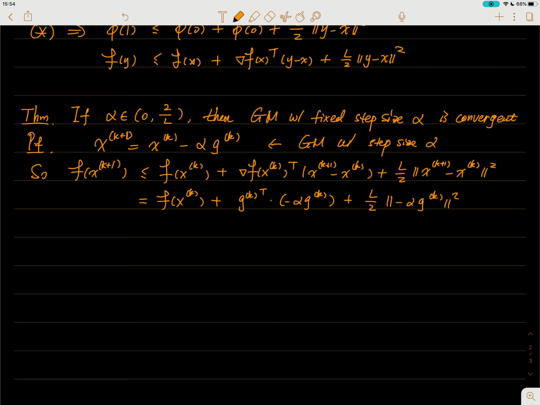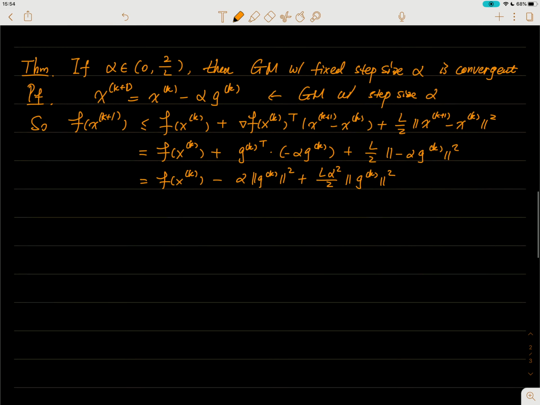Okay, so let me simplify things. I still have f of x k here, and I have minus alpha norm of g k squared. On the last term, I can pull out the alpha, so I have L alpha squared over 2 times norm of g k squared.